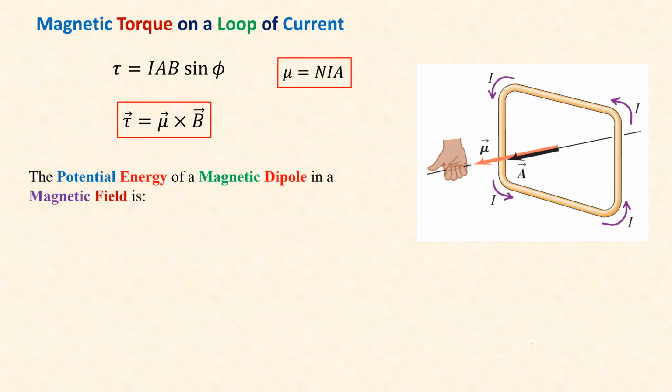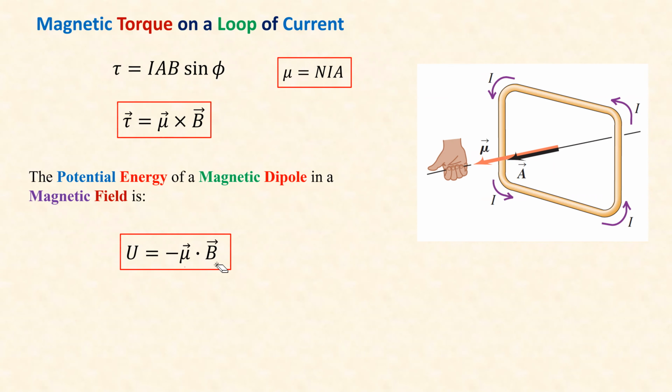So the potential energy of a magnetic dipole in a magnetic field can also be written as U equal to negative mu dot B. So you see that the torque is mu cross B, the potential is mu dot B, but with a negative sign. Why is it a negative sign? It means that if mu and B are aligned with each other, they are at the lowest energy.